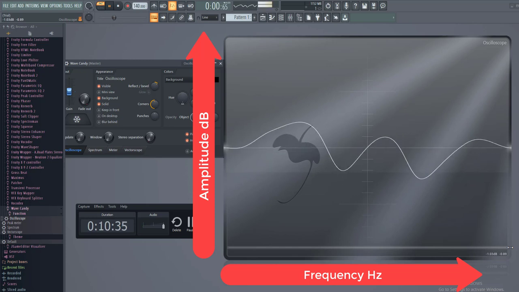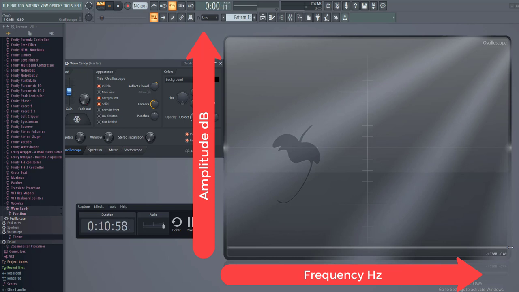Bass, low frequency, fewer cycles per second, right? Long wavelengths. Children, many cycles per second, high frequency, short wavelength. Okay? That's a stupid way of demonstrating it, but I hope you get the point.